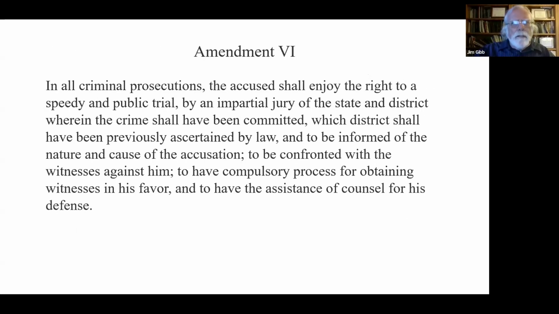Okay. And there's our 6th Amendment. "In all criminal prosecutions, the accused shall enjoy the right to a speedy and public trial by an impartial jury of the state and district wherein the crime shall have been committed, which district shall have been previously ascertained by law, and to be informed of the nature and cause of the accusation, to be confronted with the witnesses against him, to have compulsory process for obtaining witnesses in his favor, and to have the assistance of counsel for his defense."